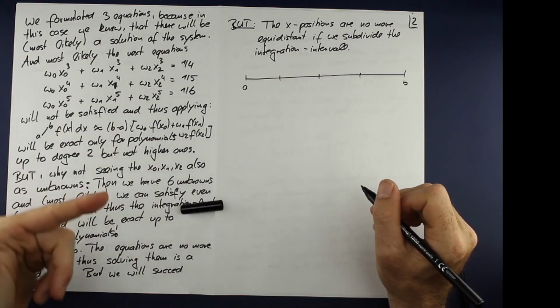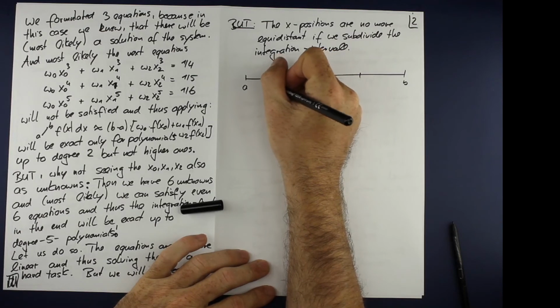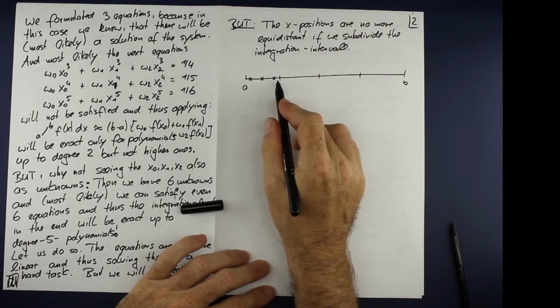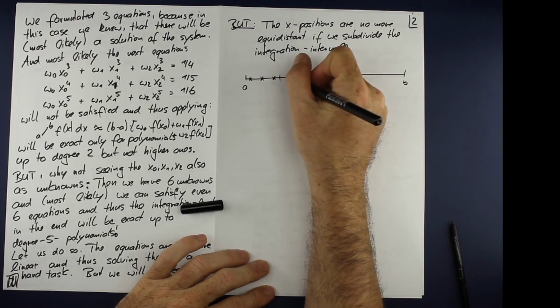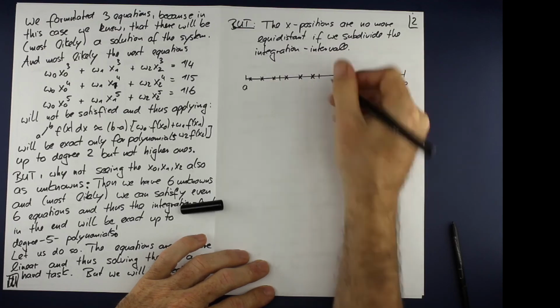That will mean that we evaluate at that point, at that point, and at that point for that part, and we evaluate for that point, for that point, and for that point.